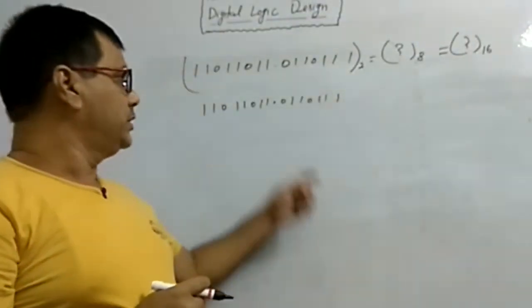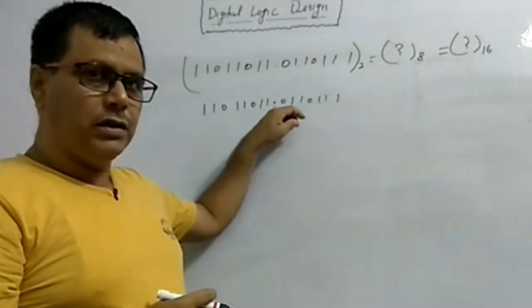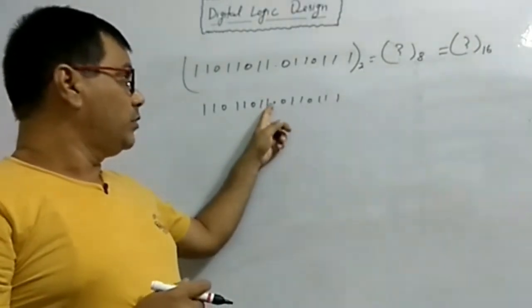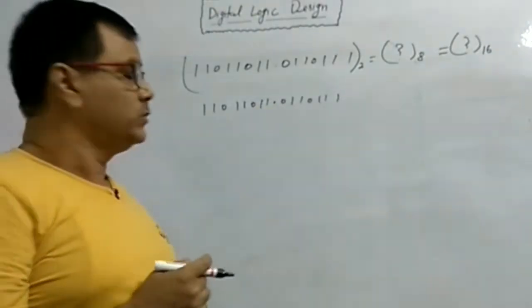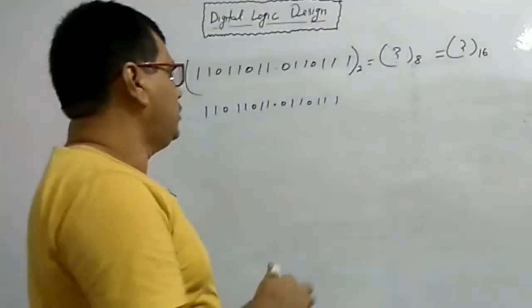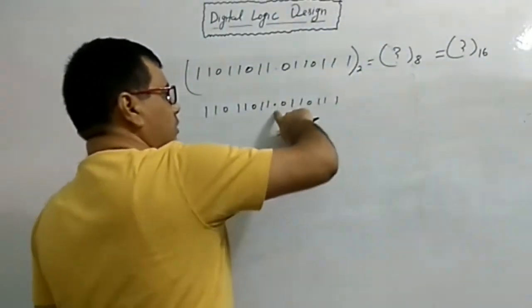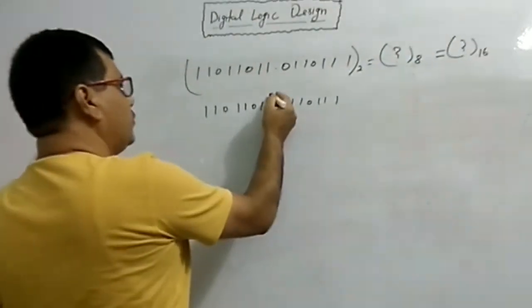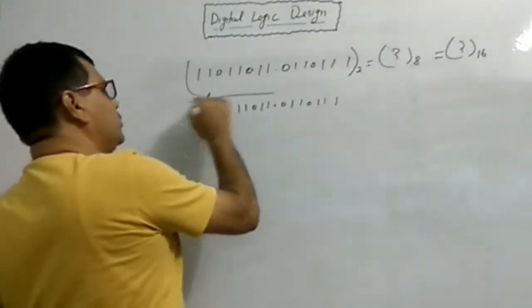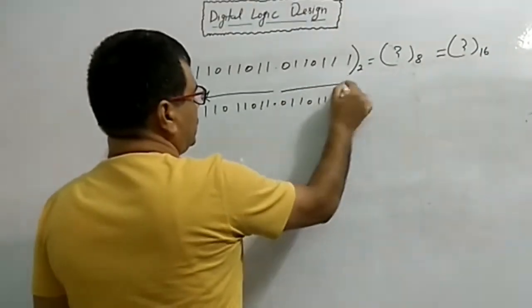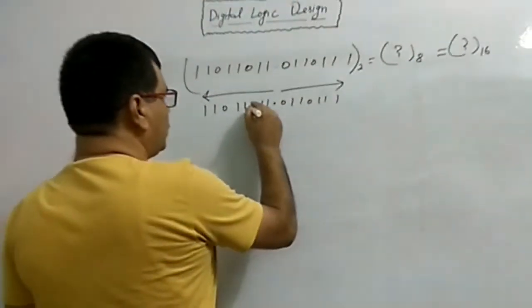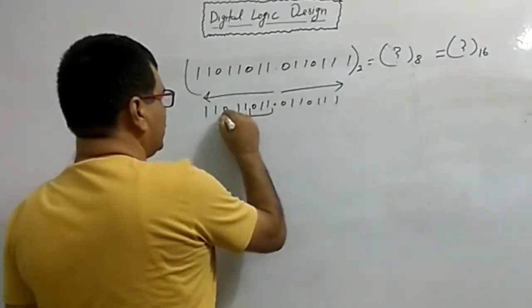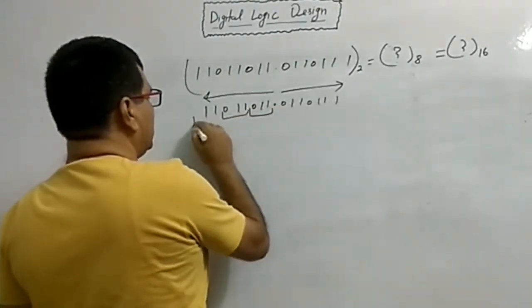That means the midpoint is the decimal point, and before it we group right to left, and after the decimal point left to right. So make groups of 3.